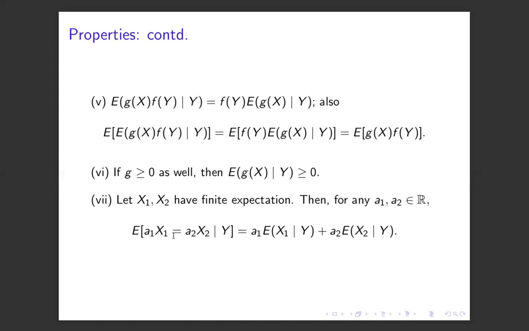I'm sorry for this typo. It is a1 times the conditional expectation of X1 given Y plus a2 times the conditional expectation of X2 given Y. So in other words, the conditional expectation operation is linear in the first variable, in the numerator.